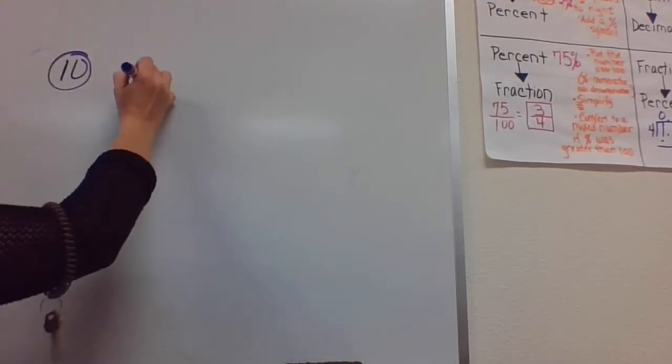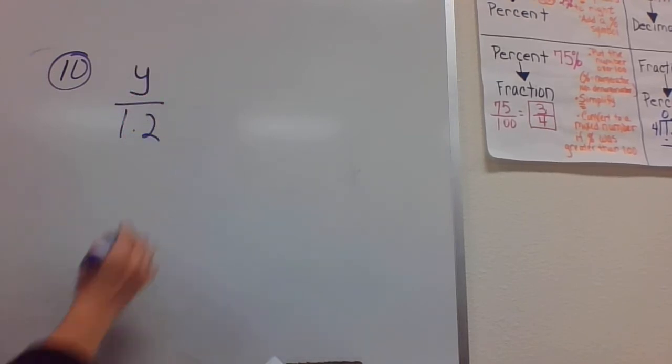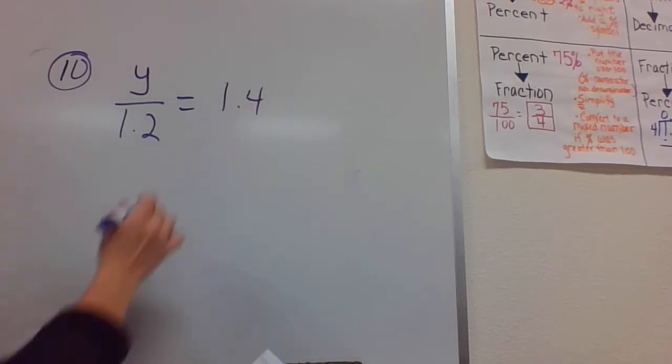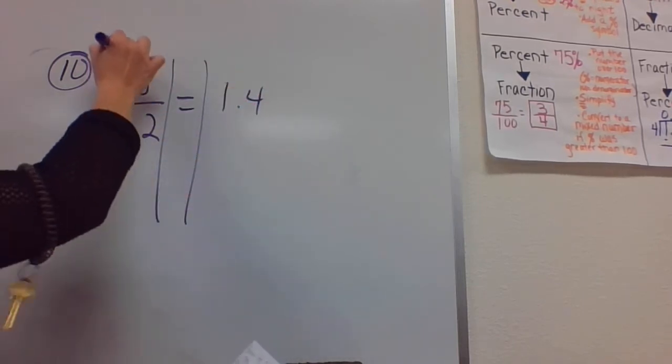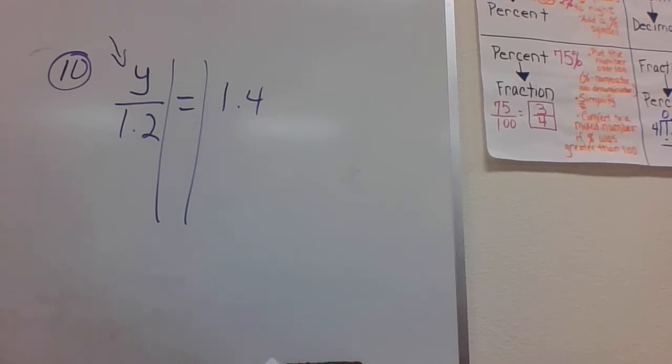Number 10 is y over 1 2/10 equals 1 4/10. Again, I'm finding my variable, which is the y. I want to isolate it, so I must do the opposite, the inverse operation.